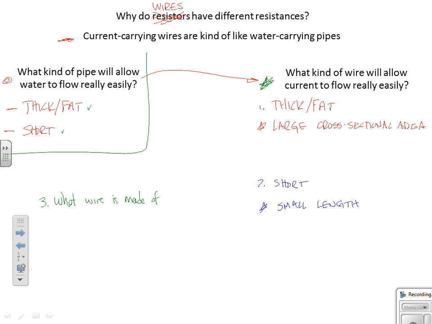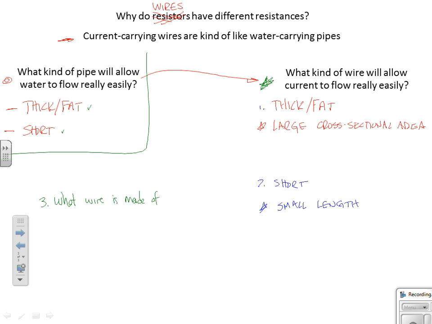So like a lot of wires in your house are almost exclusively made of copper. If you have an old house, then some of the wiring might be aluminum. But copper is the predominant one that people use now.